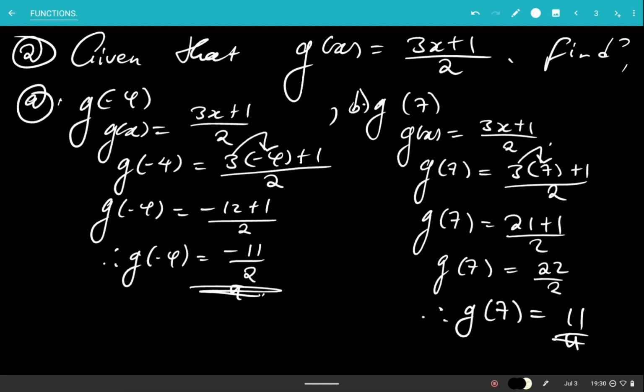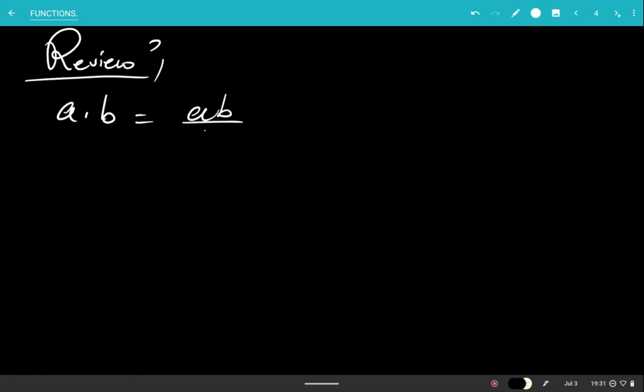Now, other problems that we might come across might involve certain aspects that have other related conditions. Let me just give you a review of something. If you remember, according to our decimal rules, if I have a point b, this is the same as one having ab over 10.